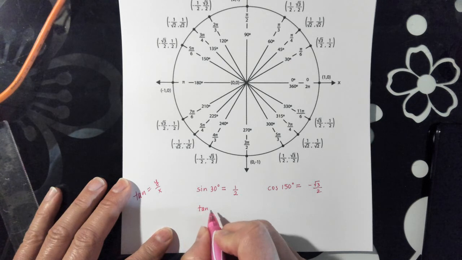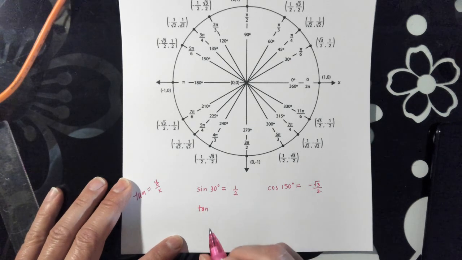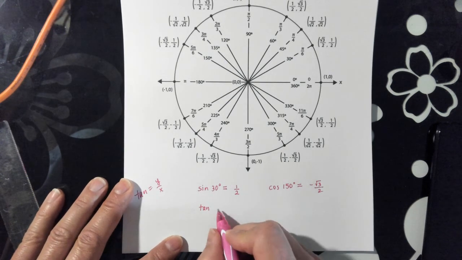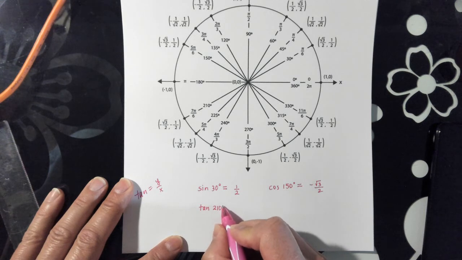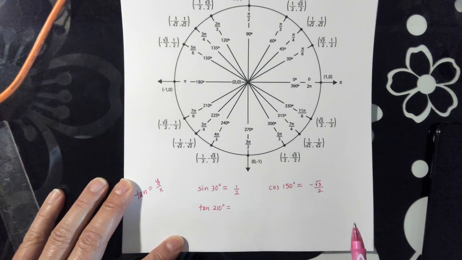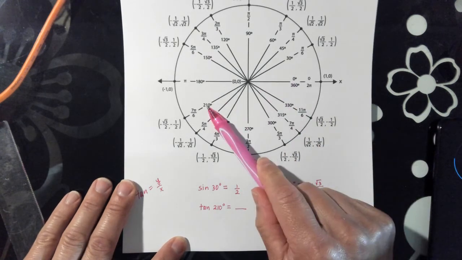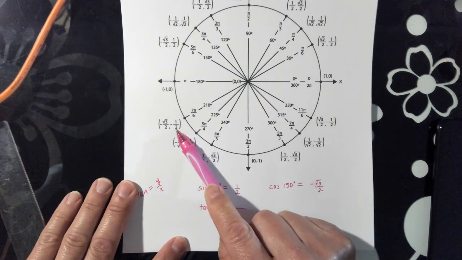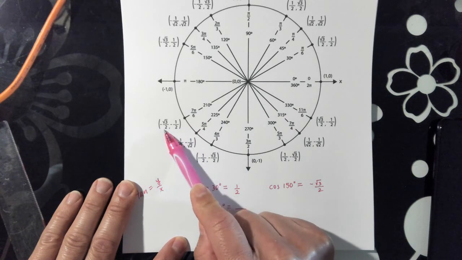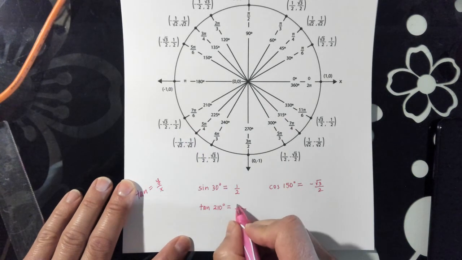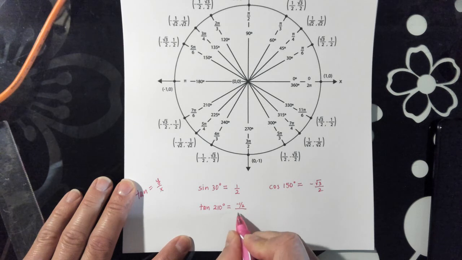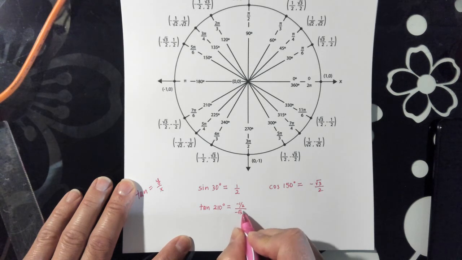Let's do tangent of 210 degrees. Make your fraction bar. Go to 210. Tangent is y divided by x, so the y value divided by the x value.